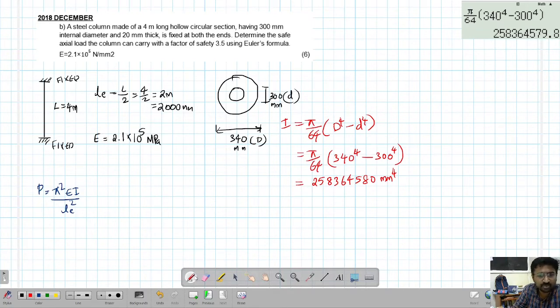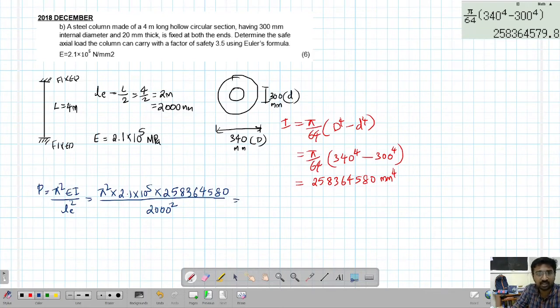Now we just have to substitute the values in the equation to get the value. So this is nothing but pi square times, what is the value of E? 2.1 into 10 to the power 5 times 25836 4580 divided by effective length 2000 square. Now this is going to give very huge values.